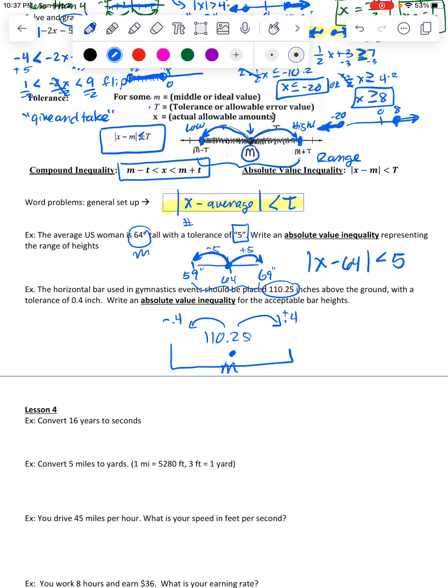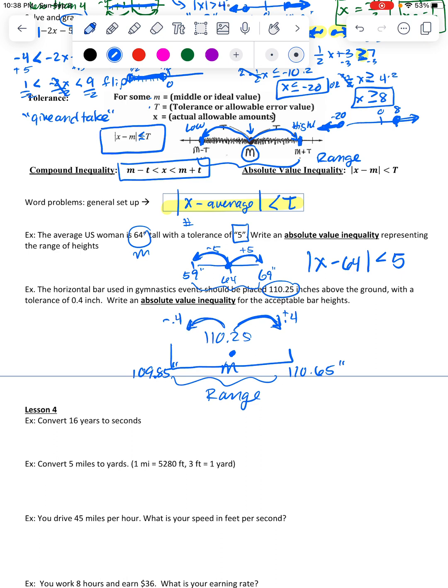If I add 0.4 to the right end, I'm going to be at 110.65 inches. And if I take it away, I'll be at 109.85 inches. So that's my range of values from here to here. That's the lowest you can set that bar and the highest you can set that bar. And then the tolerance is how far I went in either direction from that middle average number.